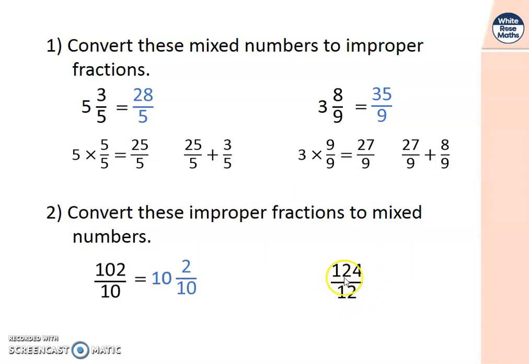Here we say how many 12s go into 124. Well, we know that 12 goes into 120 10 times, and there are 4 left over. And we know that 4 twelfths will convert into 1/3. Let's move on.